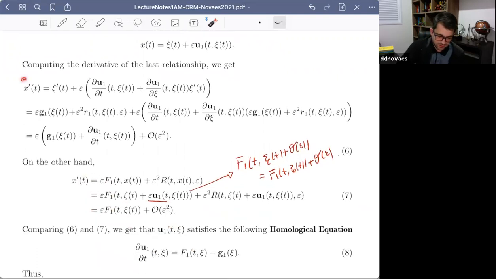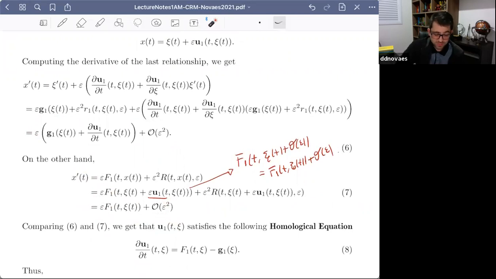Comparing this expression for the derivative of x and this expression for the derivative of x, since they must coincide for every epsilon, this coefficient coincides with these coefficients.